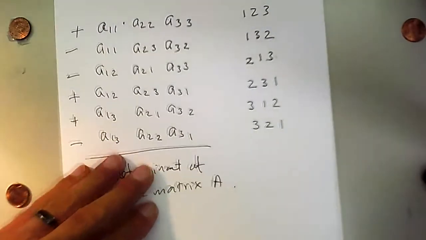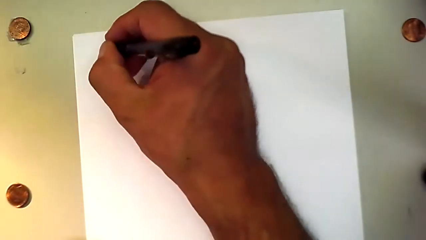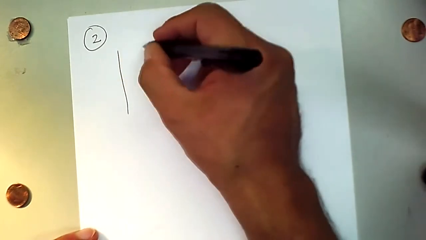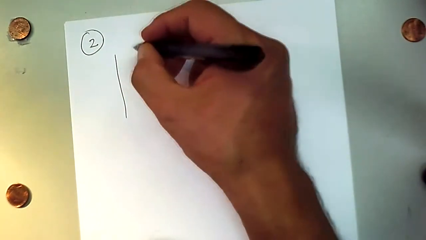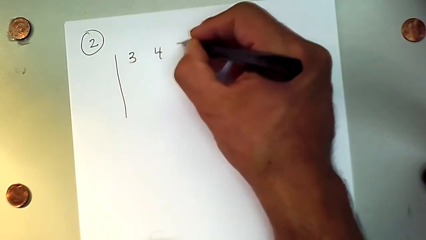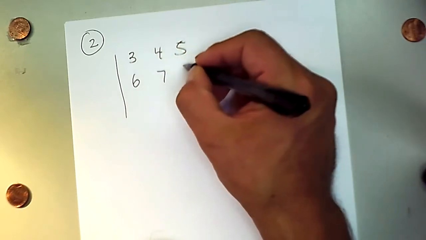Okay, let's do an example. Example 2. An actual example 2. Okay, so let's find a determinant, say 3, 4, 5, 6, 7, 8.